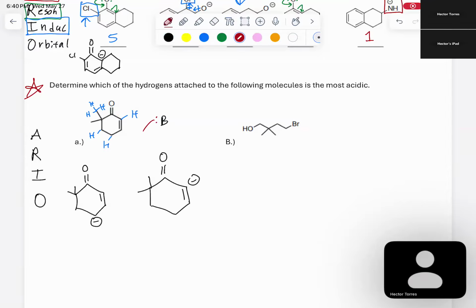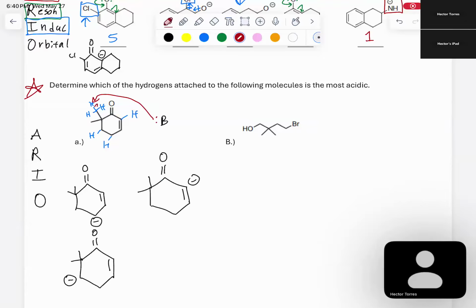If I grab this hydrogen over here, I'm going to put the negative charge on the carbon. Negative charge here. Okay, and then last one is going to be this one.